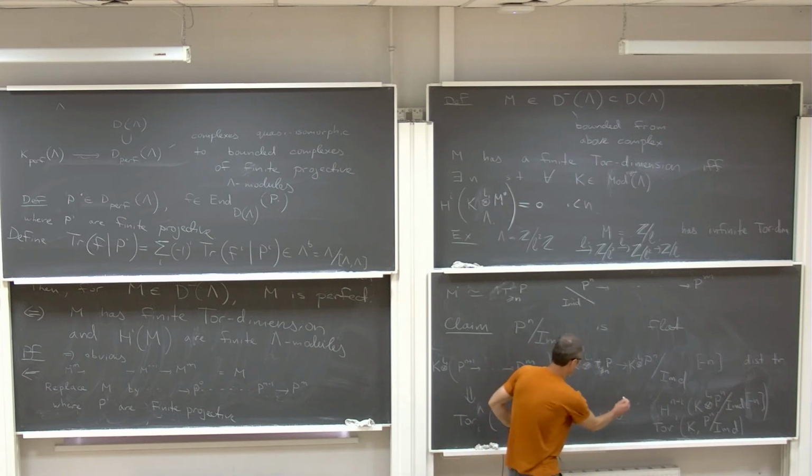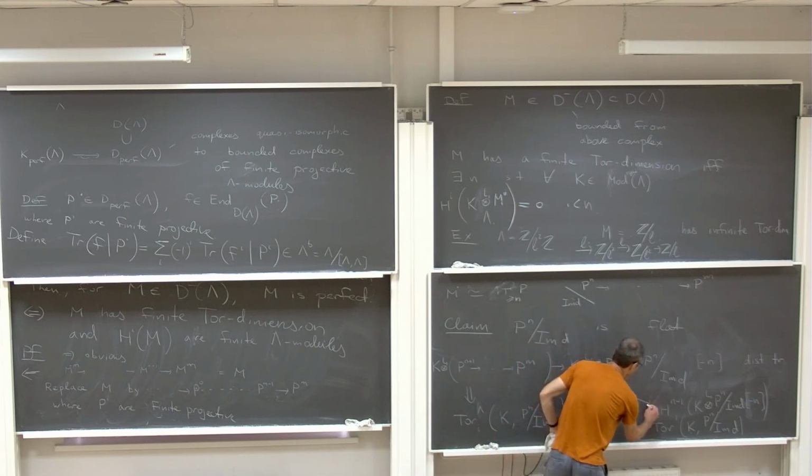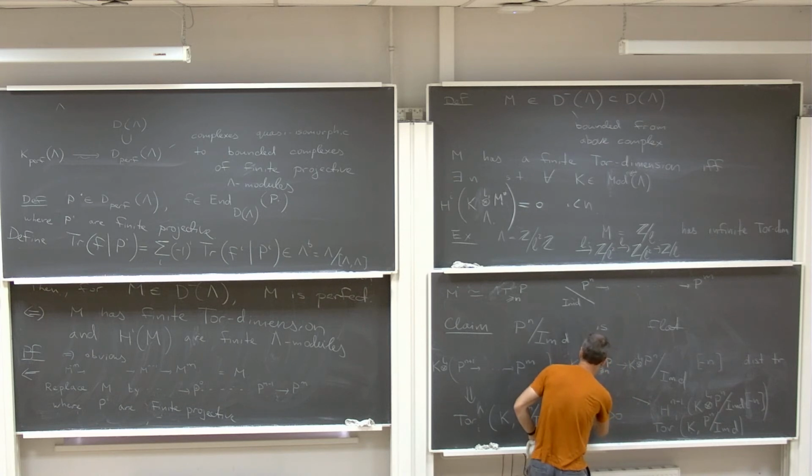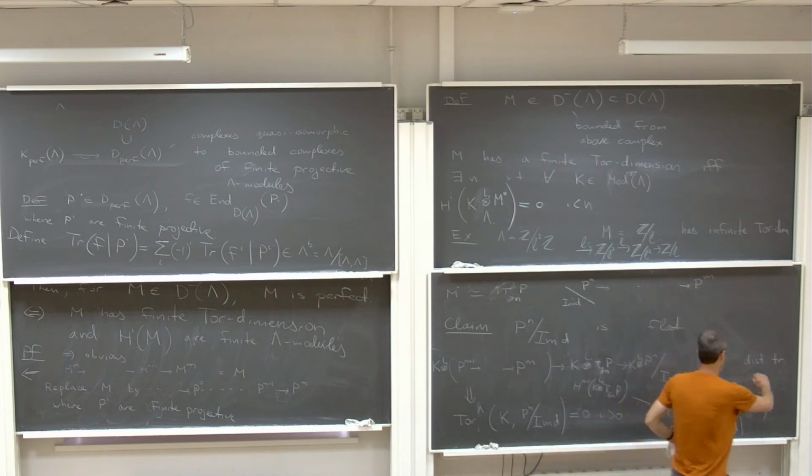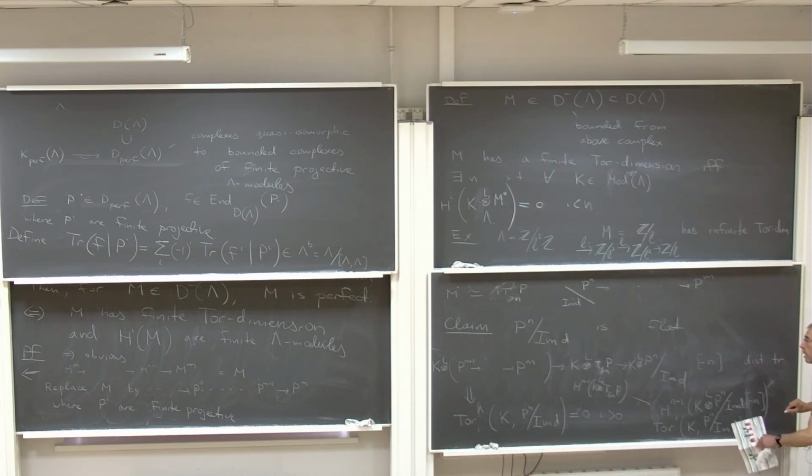So what do I have here? So in this long exact sequence, we have Hn minus 1 of K tensored with tau less or equal than n P. And here I have Hn of K tensored with, need more room.